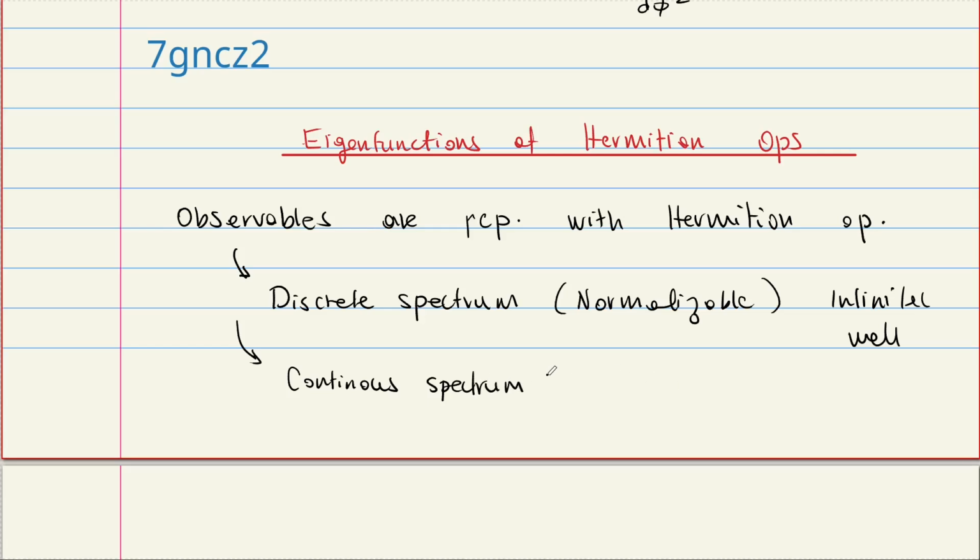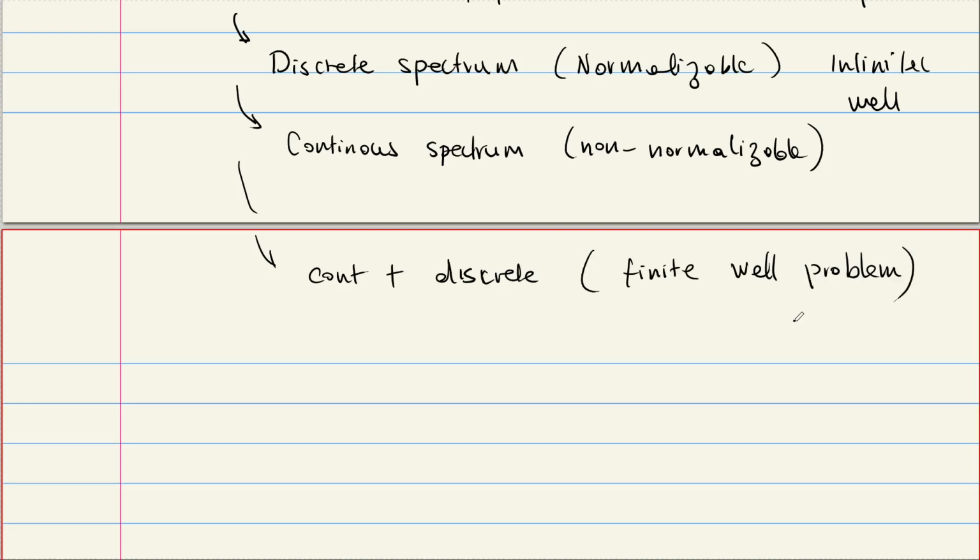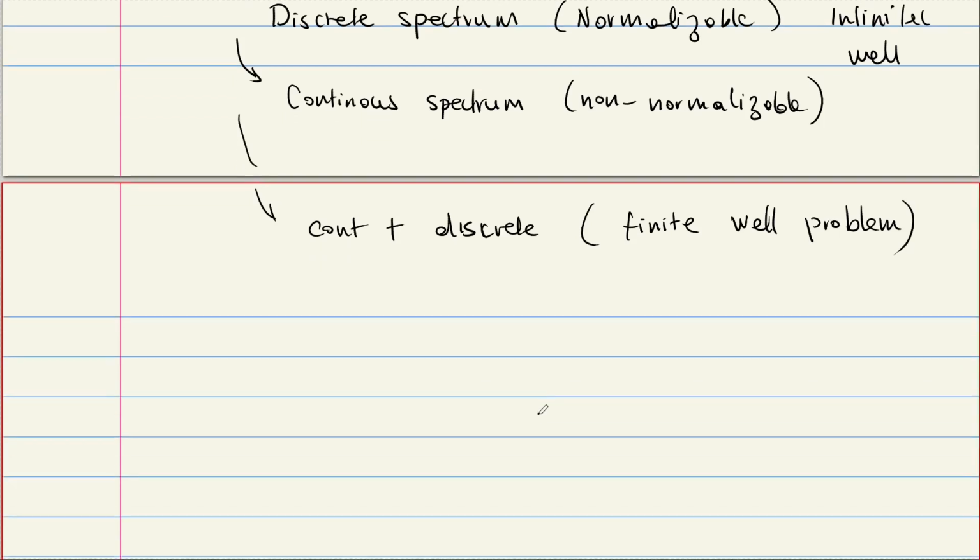In this case, as we know, they are non-normalizable, but we are going to come up with a kind of normalization based on a constant. You will see what I mean. But in some problems, we can have both continuous plus discrete spectrum, and for this, you can think about the finite well. Good.